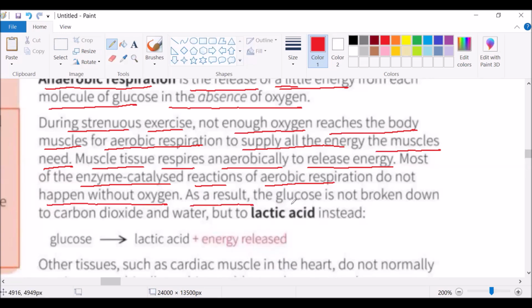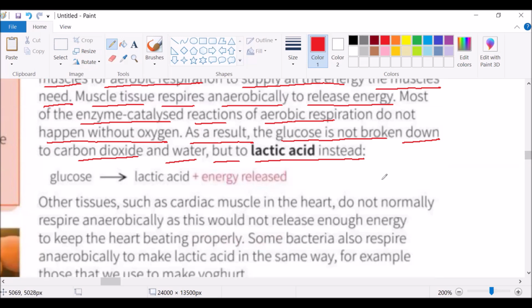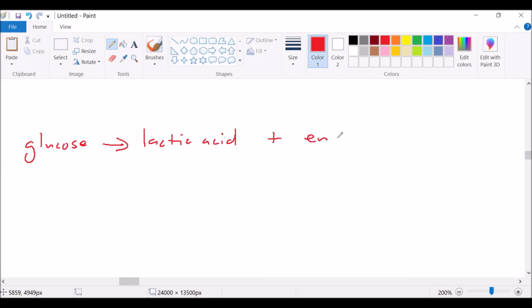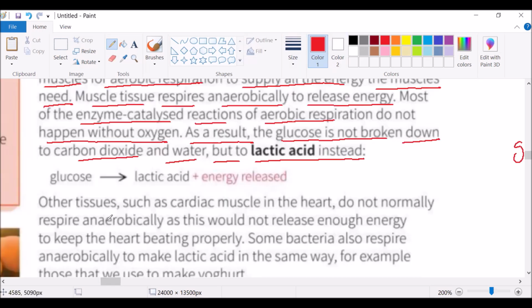As a result, the glucose is not broken down to carbon dioxide and water, but to lactic acid instead. So in anaerobic respiration, glucose is converted to lactic acid and a little energy is released.